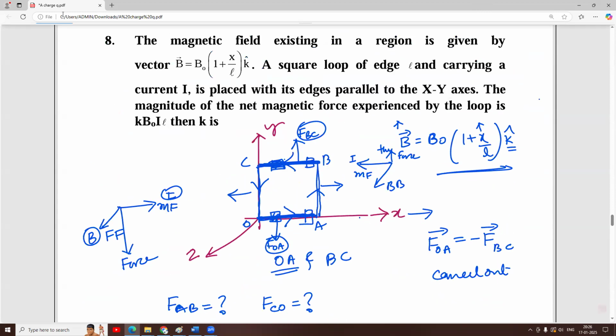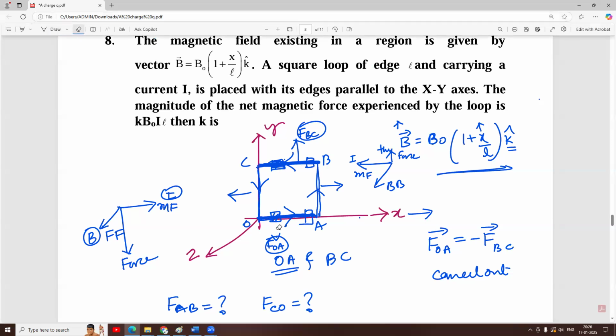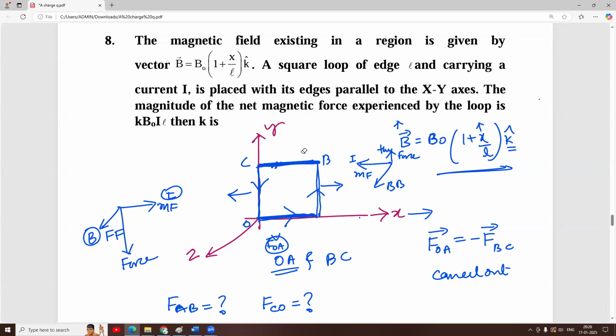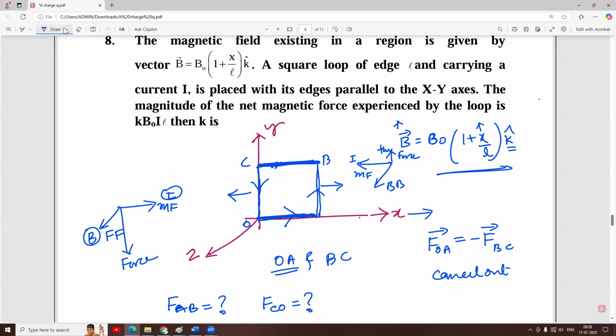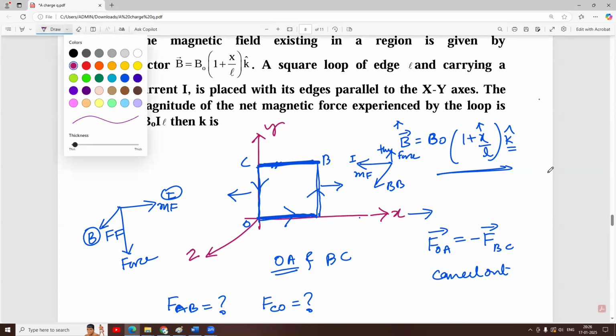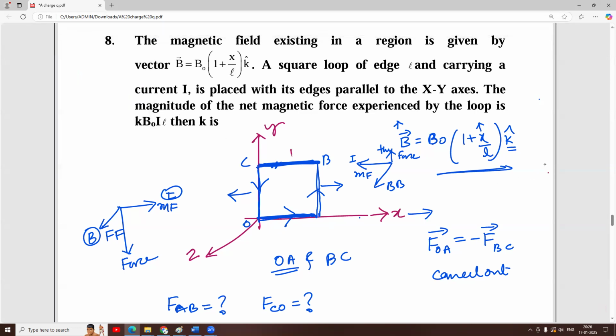So I'll rub out unwanted things. There are so many lines here. I can retain only the necessary things. Now, this force is in this direction and this force is in this direction.